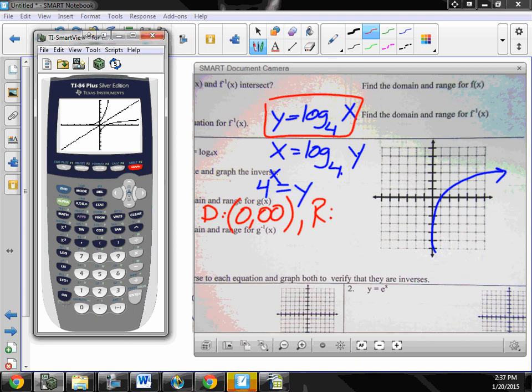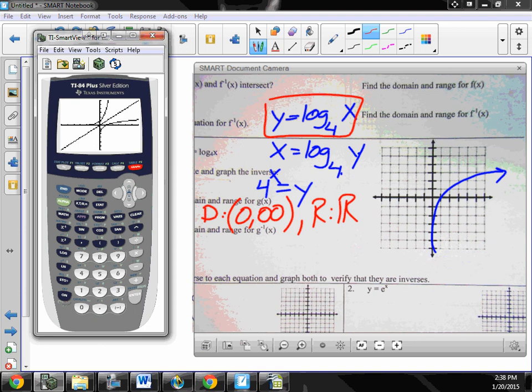Does that number exist? Yes. What about 1,000,000,000? It exists, right? No matter how big your numbers get, your answers keep getting a little bit bigger. So it will never actually level out, and there are some graphs that do, but they're much more complicated than anything you see in high school. So the range here is all real numbers.